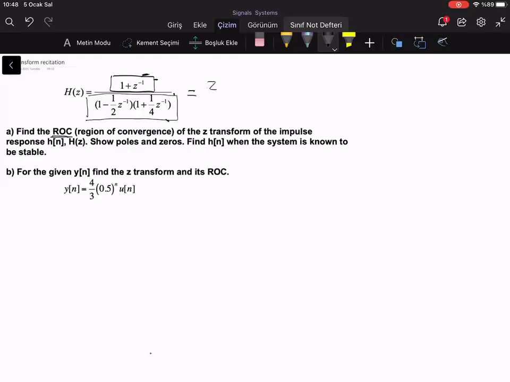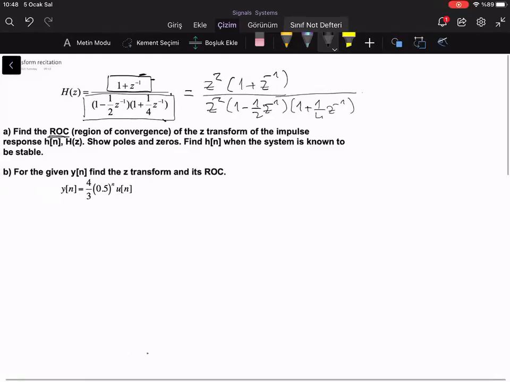We will multiply both sides by z squared, and then come up with something without z to the power -1s, right? That was our purpose. We are trying to convert z to the power -1s into z to the power +1 or +2, okay?